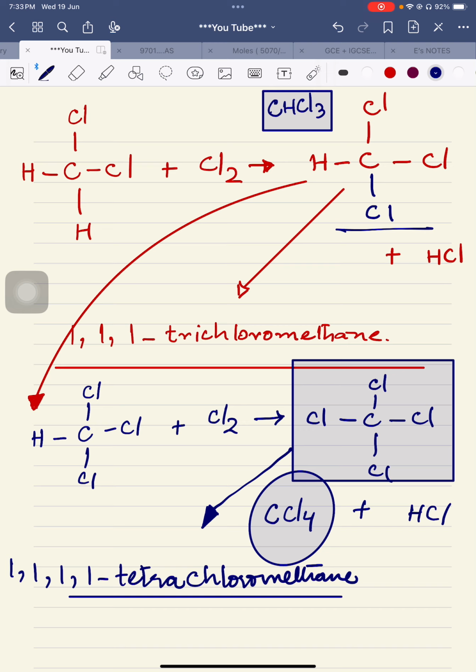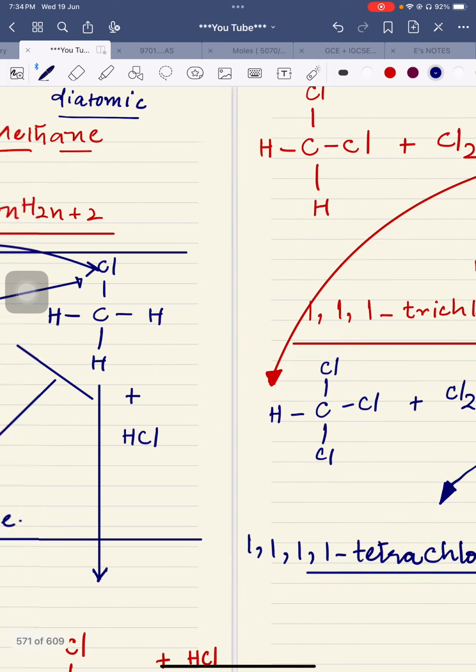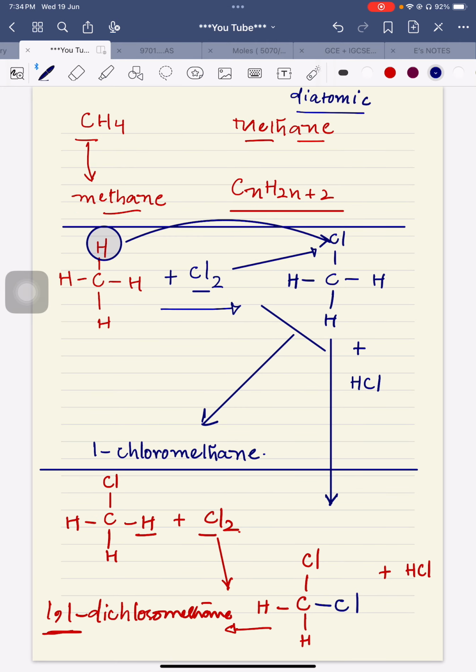These are the points you should know, and you should know how to write them. I am going to write down the name and the formula for this as well. CH3Cl. And what is the name for this? CH2Cl2.